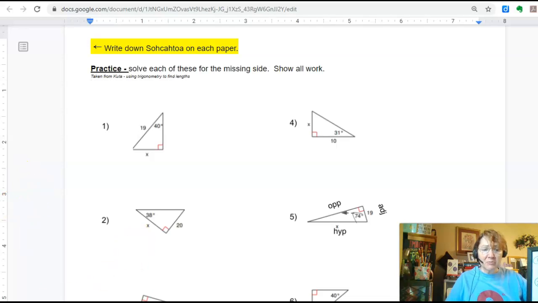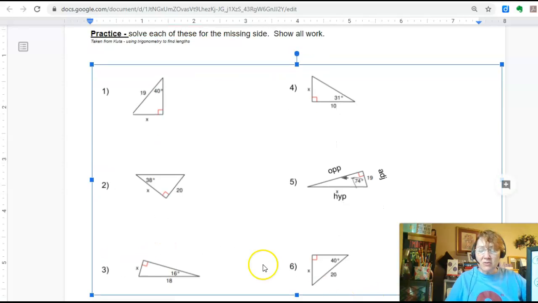If I take a look at number 2, I'm going to get my tools here. I've got my 38 and my side opposite, so I have an O for that, and I have my hypotenuse and my adjacent.